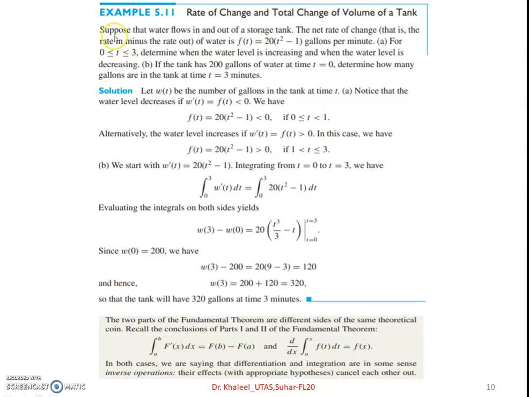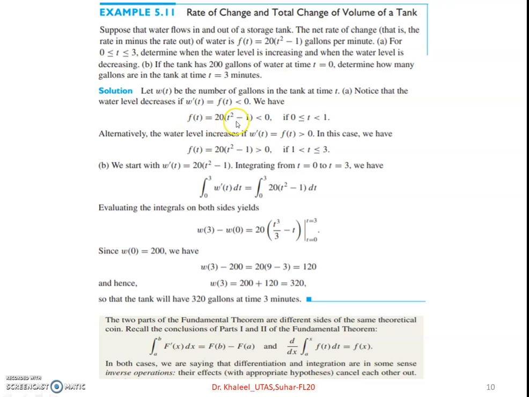The last example: suppose that water flows in and out of a storage tank. The net rate means the rate in minus the rate out, that is, the rate in is given by this. For 0 to 3, determine when the water level is increasing and when it is decreasing. So we have W(t) as the number of gallons in the tank, and W prime t is f of t, that is, the rate.